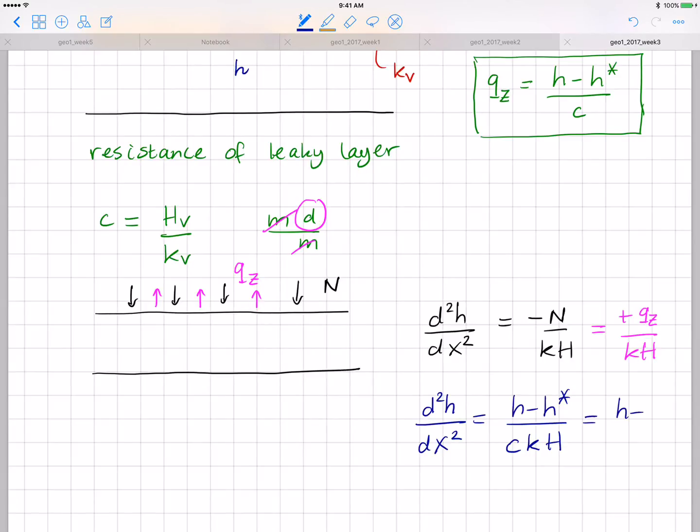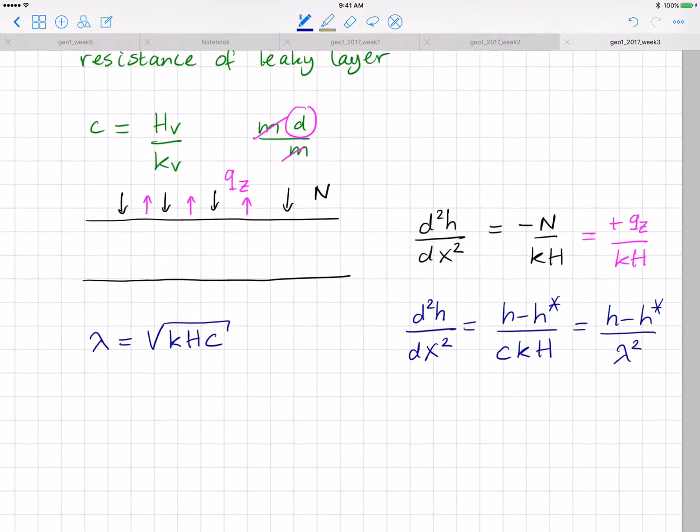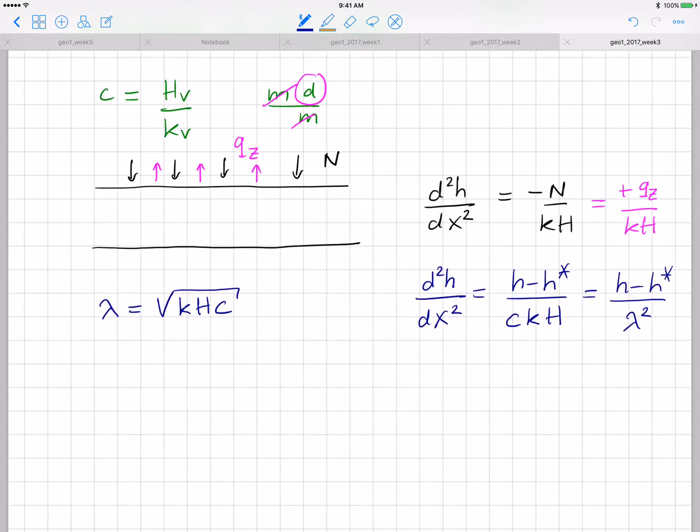It's written as h minus h star divided by lambda squared, where lambda, the Greek letter lambda, is defined as the square root of k times h times c. Let's first look at what the units of lambda are.